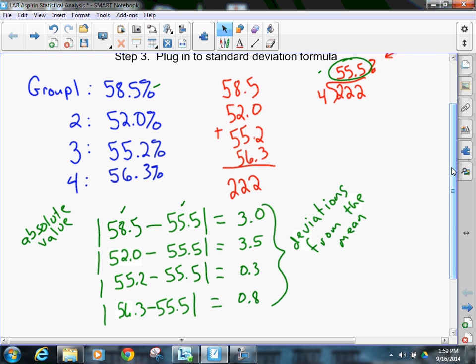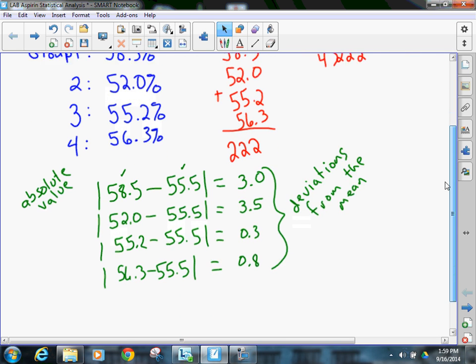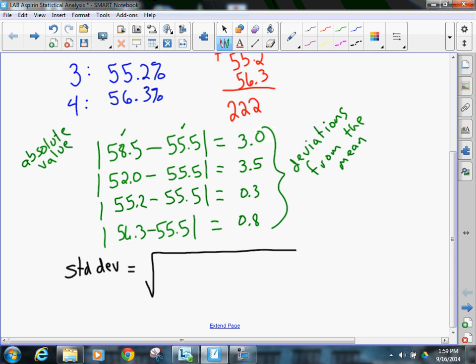Now what we're going to do with those is step number 3, we're going to plug into the formula for the standard deviation. So let me show you that. Okay, so the standard deviation formula is equal to the square root of all of these deviations from the mean squared and added together.